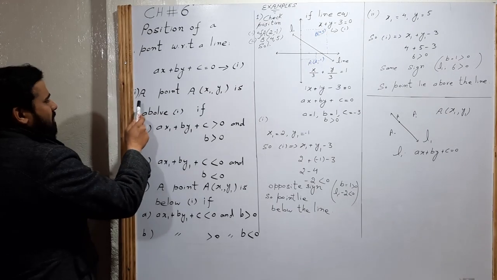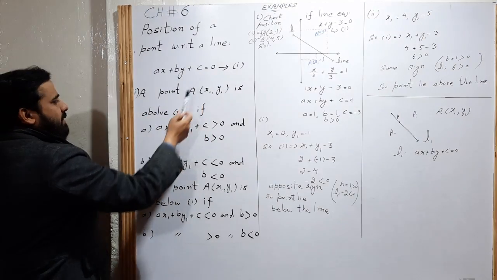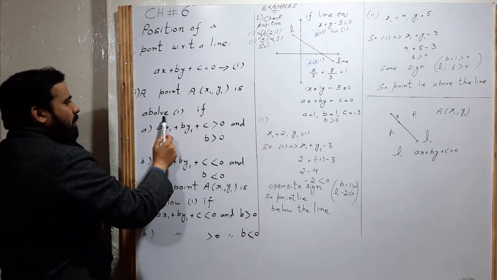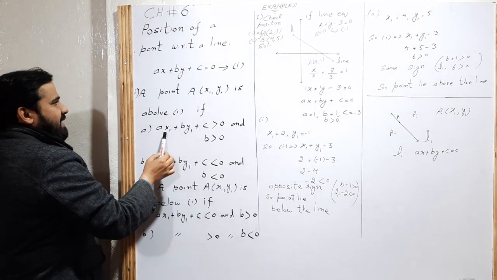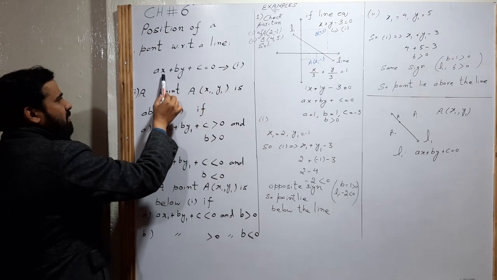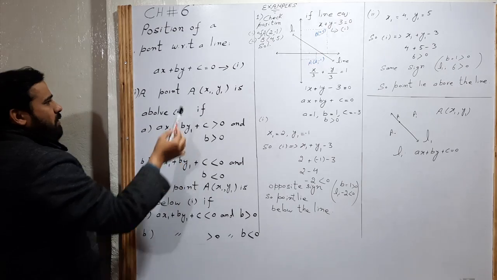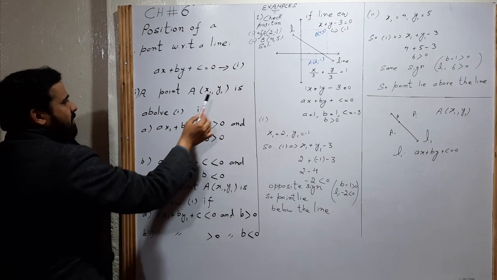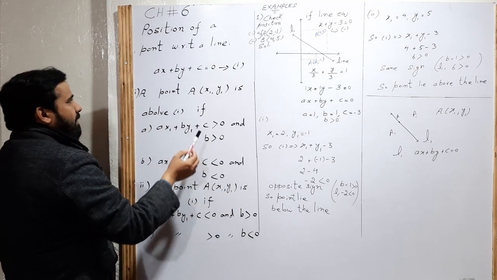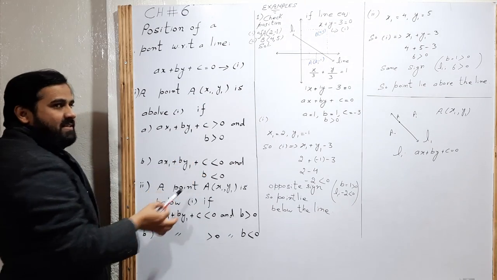First case is that there is a point, say x1 y1, above the line. A point is above the line if ax1 plus by1 plus c, if we replace x by x1 and y by y1, where x1 is a real value like 1, 2, 3, 4 and y1 is a value, is greater than 0 and b in this case is also greater than 0, it means that both have the same sign.